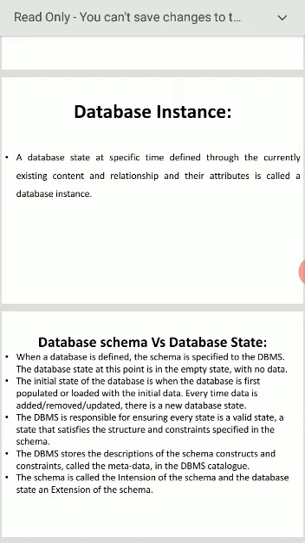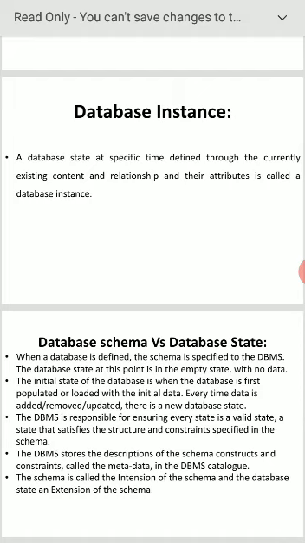The DBMS is responsible for ensuring every state is a valid state. A state that satisfies the structure and the constraints specified in the schema. Constraints is nothing but, as I told you, conditions. You have to give the correct structure of the database.